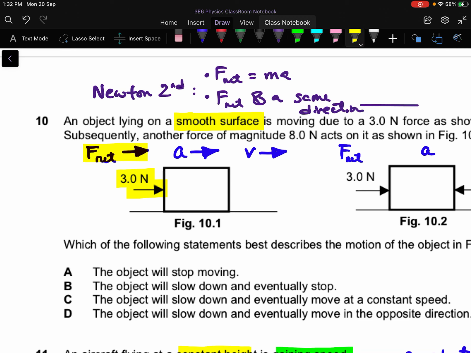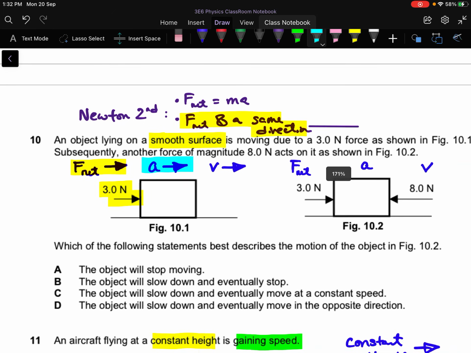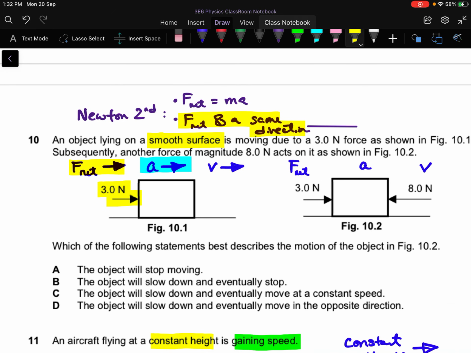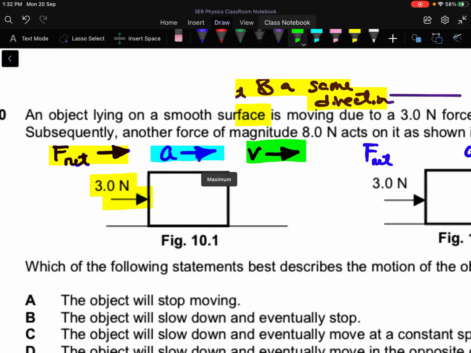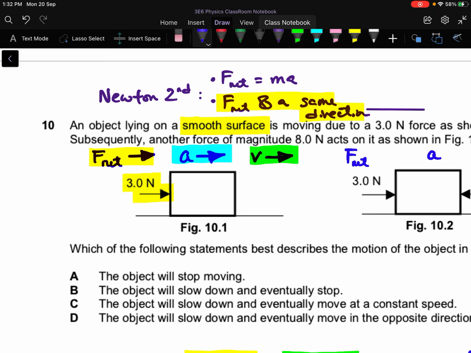So if you know the second part of the law, you can tell that the acceleration is forward as well, and as a result your velocity is going to be forward as well. So the motion of this block is going to be speeding up, and it will speed up at a constant acceleration because your net force is constant at 3 Newton.